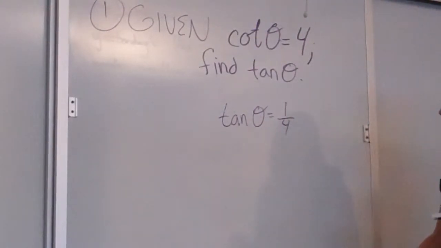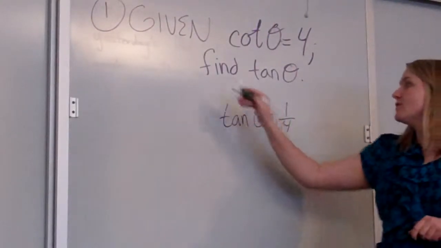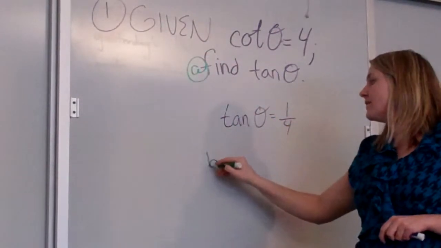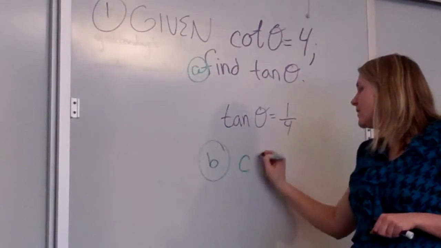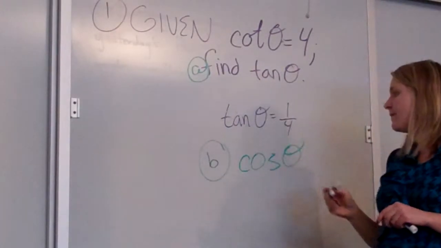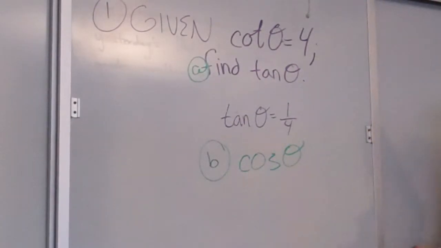What about if I asked you, let's call this A, to find cosine theta? What you want to do is think about what cotangent is. What is cotangent? What over what?